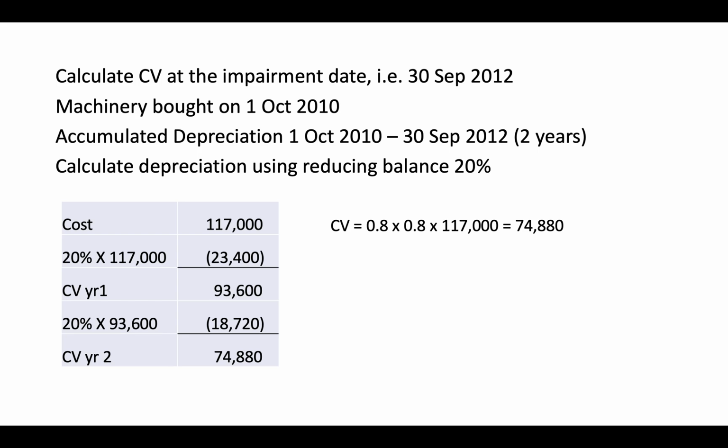Then you get the carrying value for year 1. You can see it on the left hand side, and you calculate 20% on the carrying value in year 1 and you get your depreciation for year 2. And when you minus it from your carrying value, you get the final carrying value in year 2, which is $74,880.